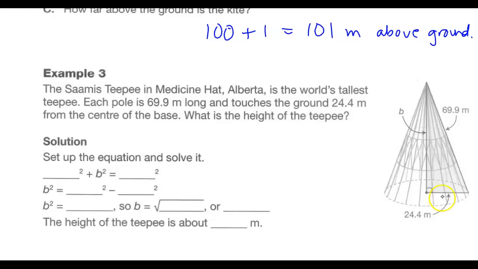So again, we have the hypotenuse here, and this is a leg, and we want to know the other leg. So 24.4 squared plus b squared is 69.9 squared. Really, we want to take the hypotenuse, square it, and subtract the other leg squared.